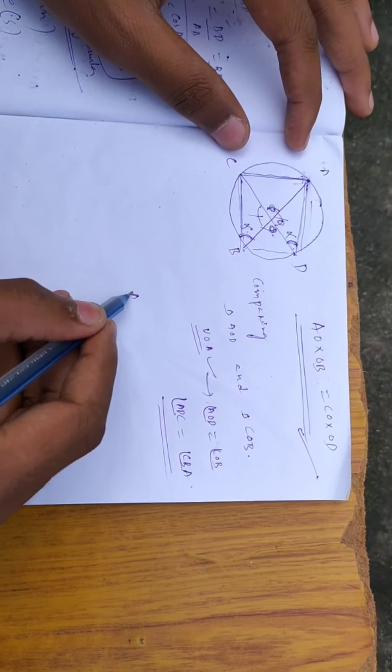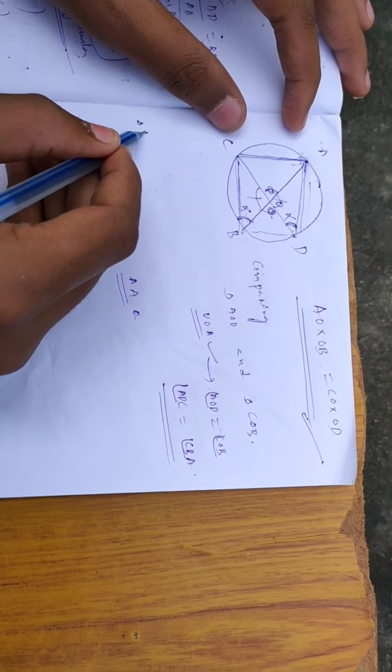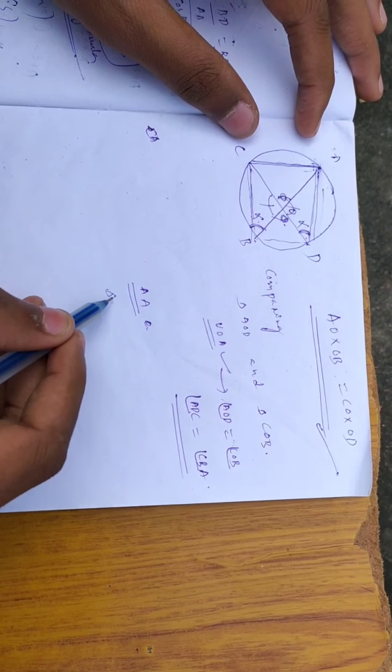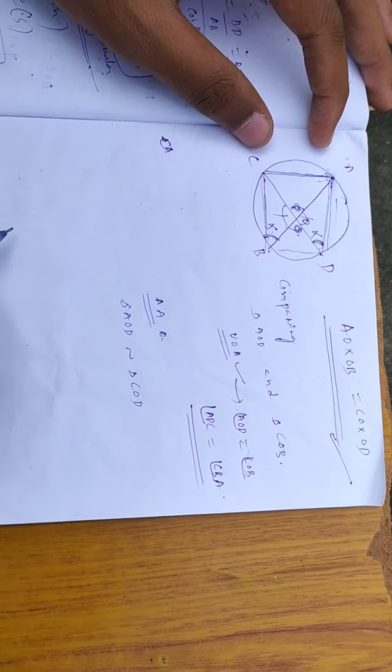So by the AA criterion of similarity, we can say that triangle AOD is similar to triangle COB.